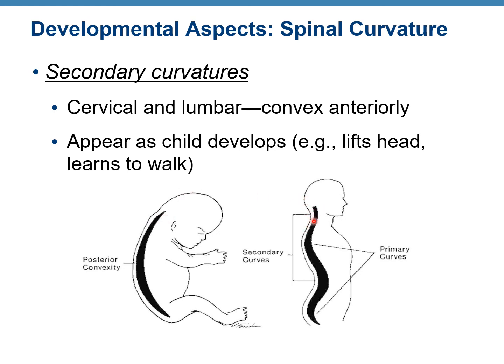And when they start walking, they start developing lumbar curvature, and these are convex anteriorly, that's the anterior side. So this is convex on the anterior side, and this is convex on the anterior side, and this one is convex on the posterior side, looking pretty much like the letter C. So cervical and lumbar curvatures are convex anteriorly and appear as the child develops, when the child learns to lift his head and learns to walk.